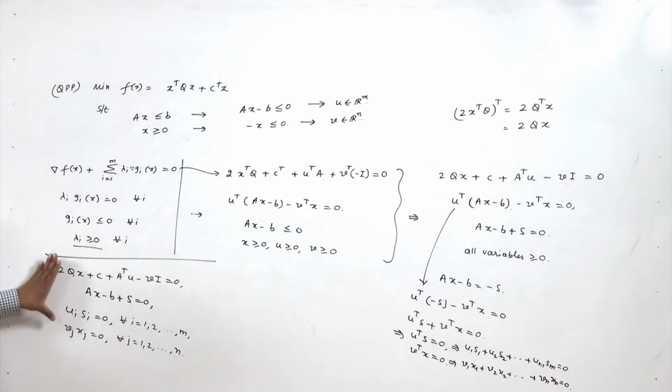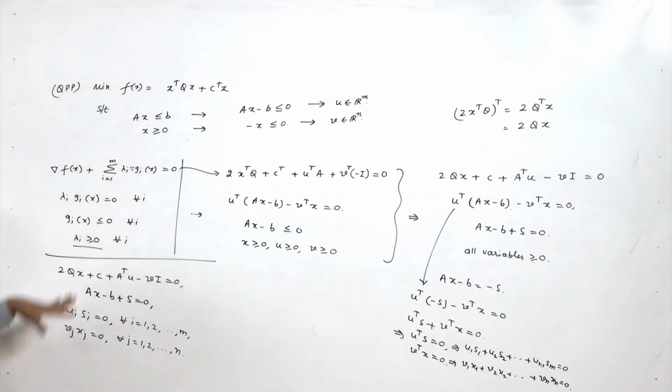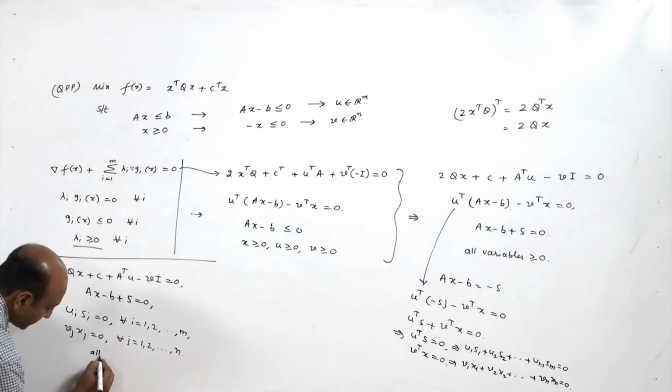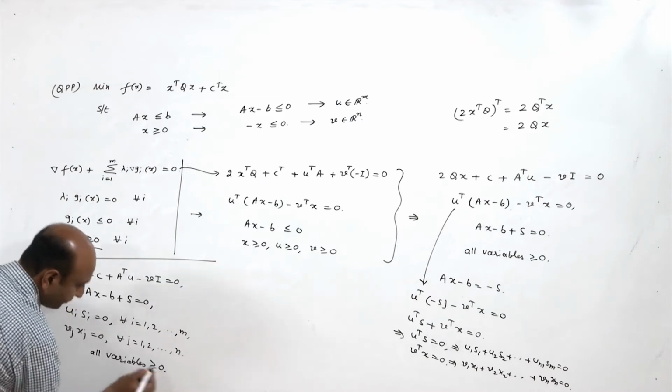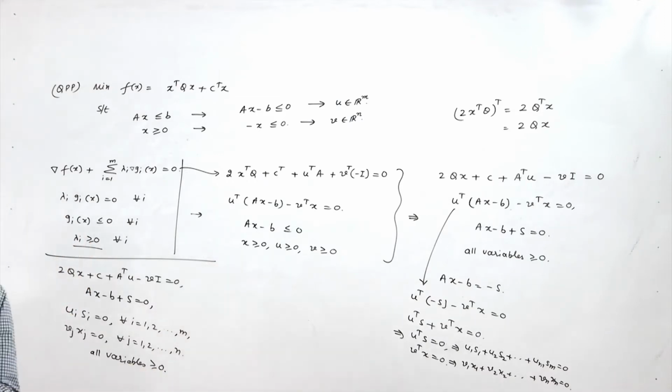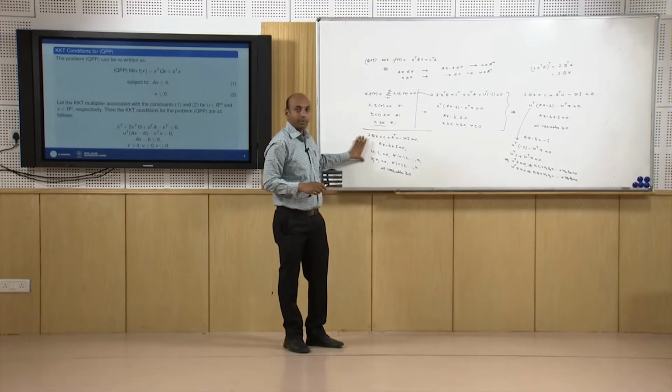So these are the KKT conditions for the QPP. And all variables must be non-negative, of course. So these are the KKT conditions for QPP.